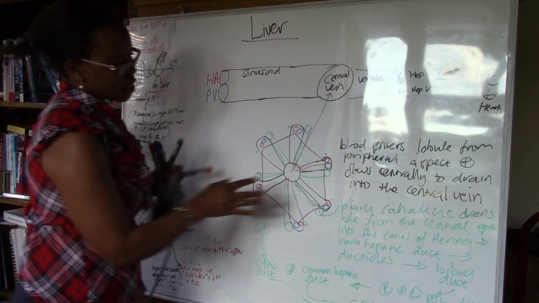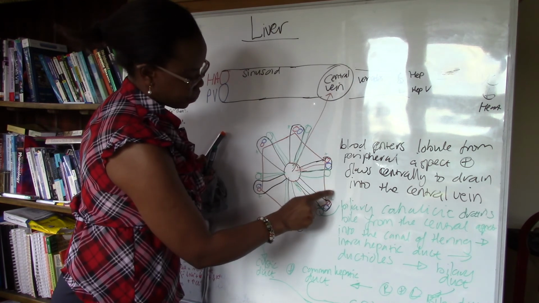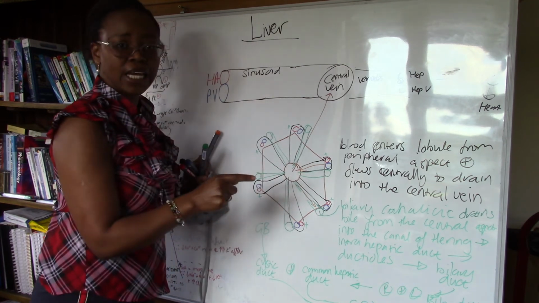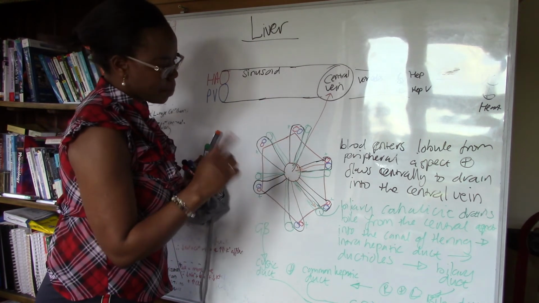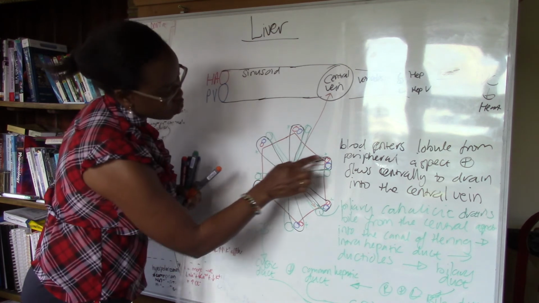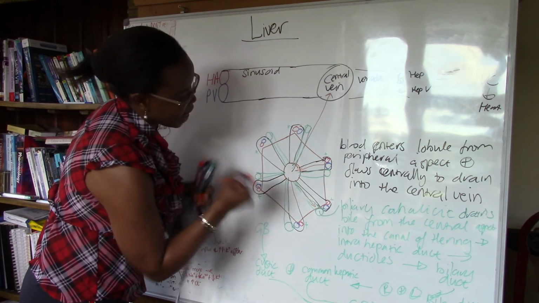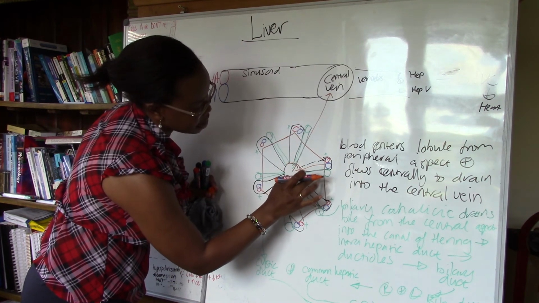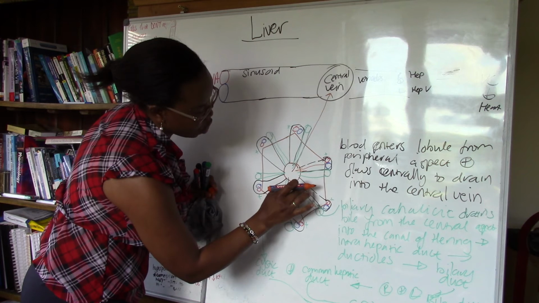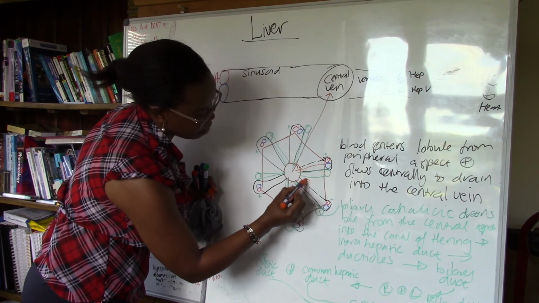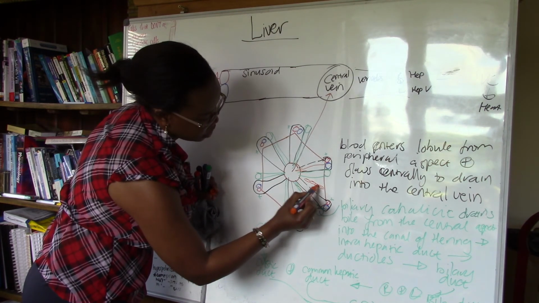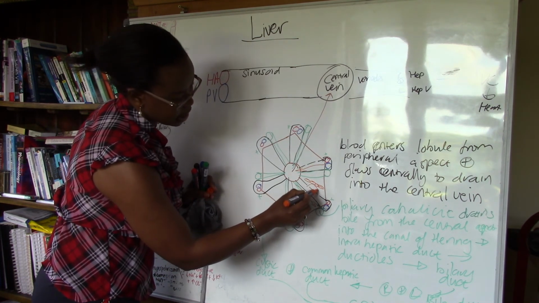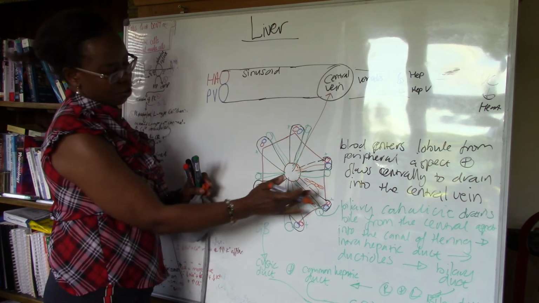And then there is the lymphatic system as well, and the lymphatic system really collects extra plasma because the sinusoids have fenestrations. They're not continuous. These fenestrations allow for communication with the hepatocytes, so that there is exchange of material in and out of the sinusoid.